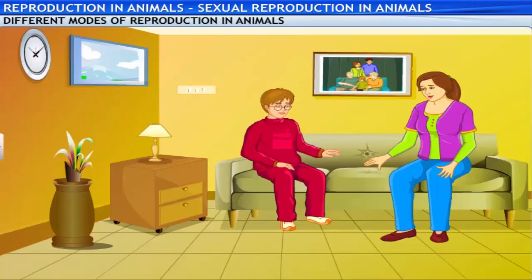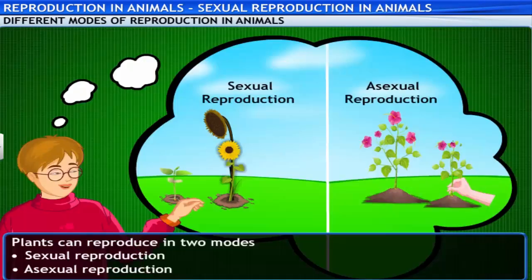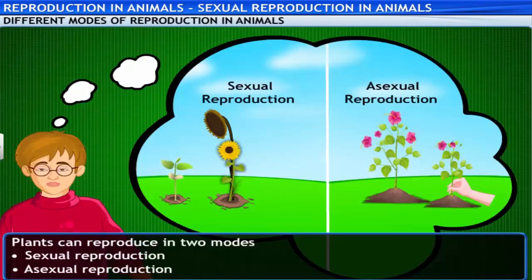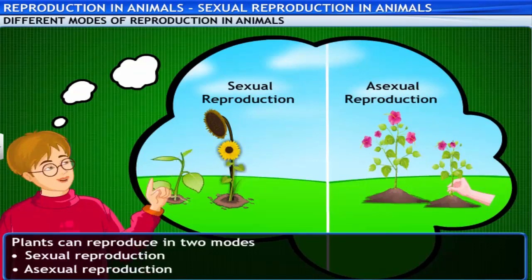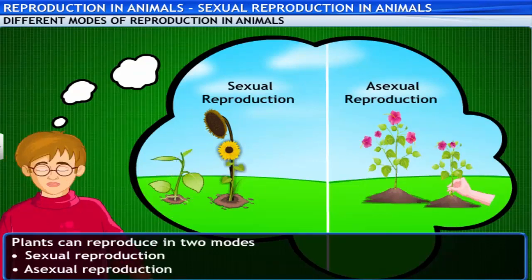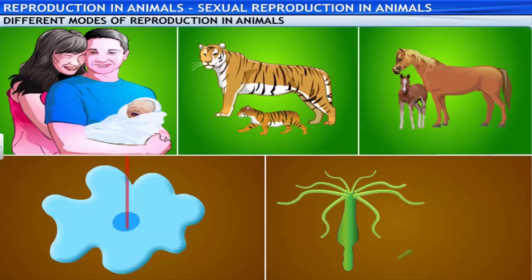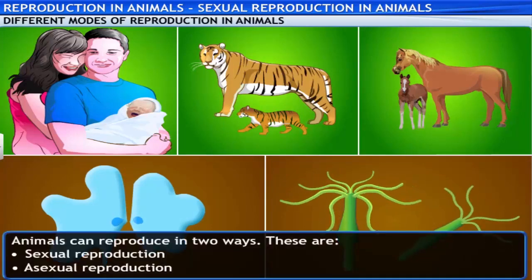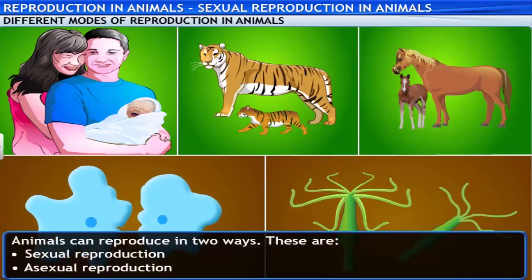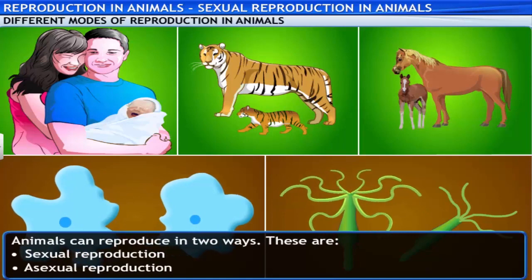You've been studying about reproduction in plants at school, haven't you? Yes, of course. Plants can reproduce in two modes, sexually and asexually. Well, animals can also reproduce by either sexual or asexual mode.